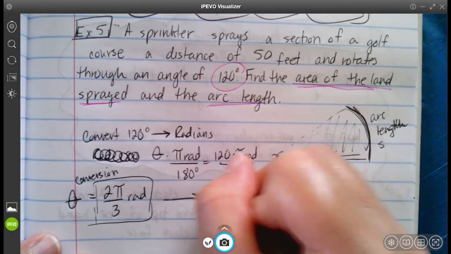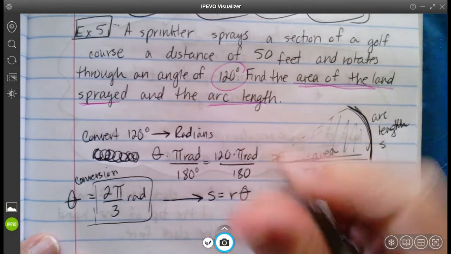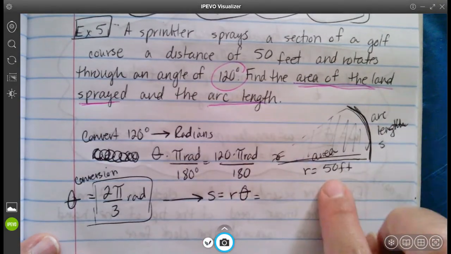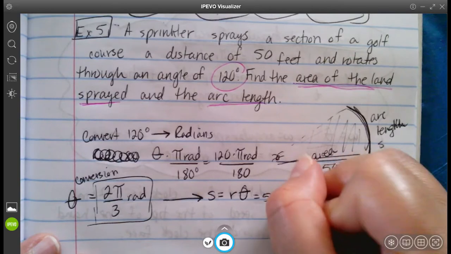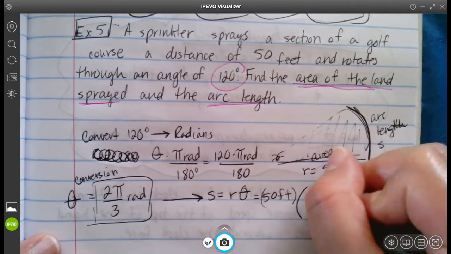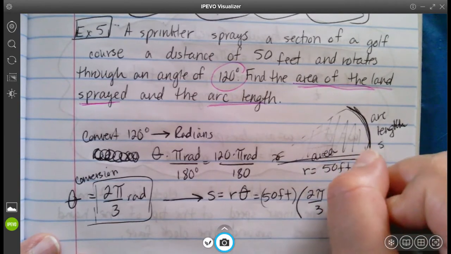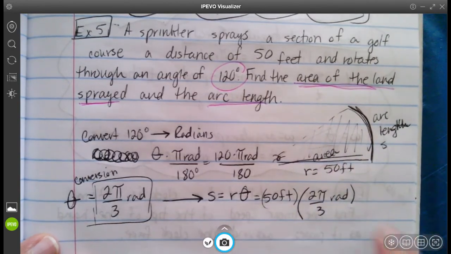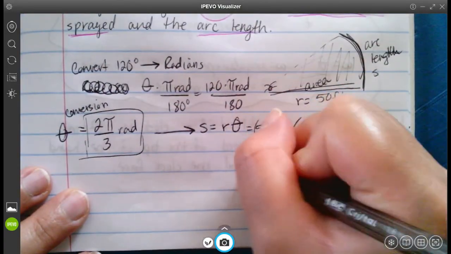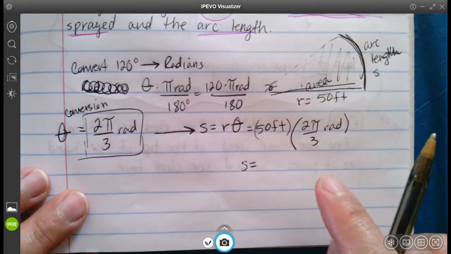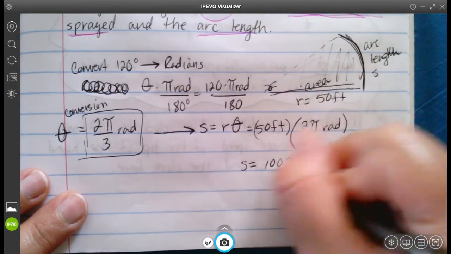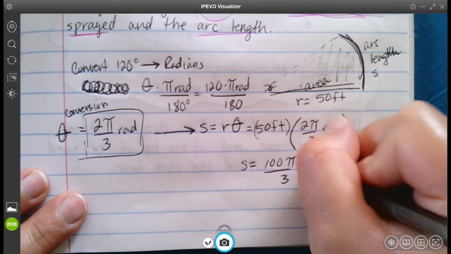So S is equal to r theta. This is the arc length. So our r is 50 feet times theta, 2 pi thirds radians. And we just multiply. For this one, you probably do want to get a decimal. It kind of depends on the problem. So it would be 50 times 2 is 100 pi thirds feet.